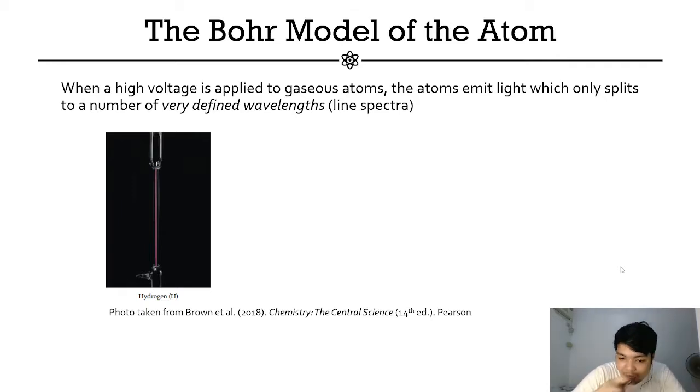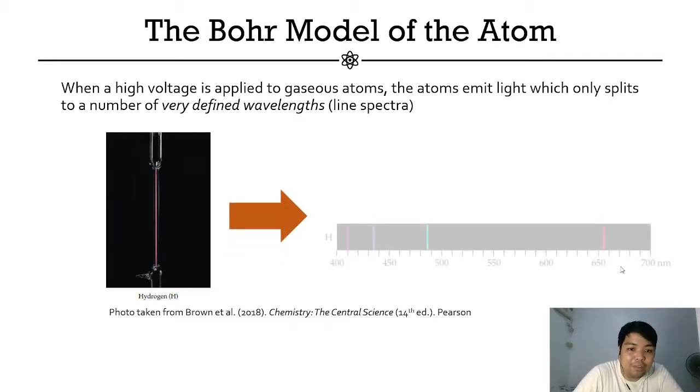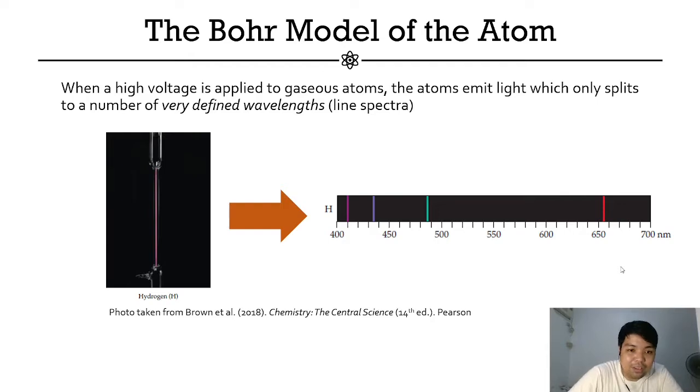When that high voltage passes through, the atoms emit light at very specific colors or at very specific wavelengths. So if you see here, there is actually a separation between this line and this line.